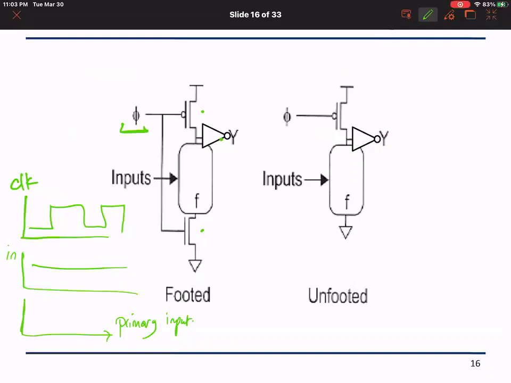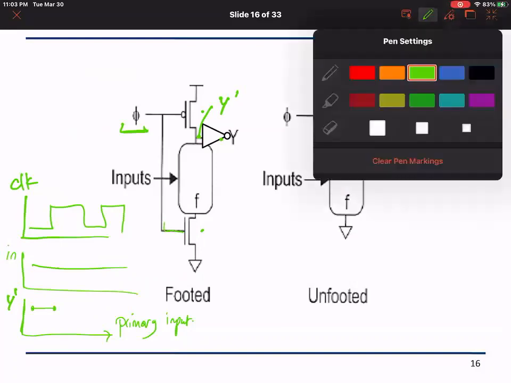The intermediate node here, Y prime, can now be pre-charged with no problem, because the clock, the footer device, turns off the NMOS.